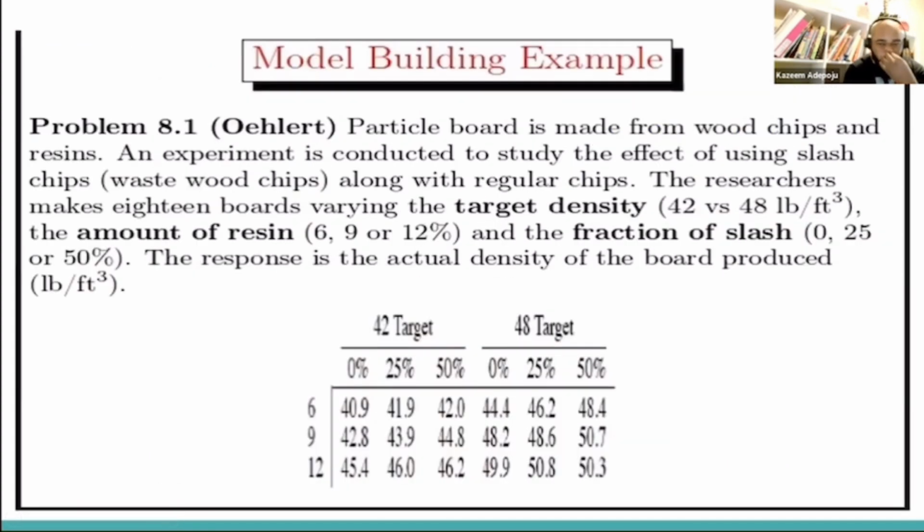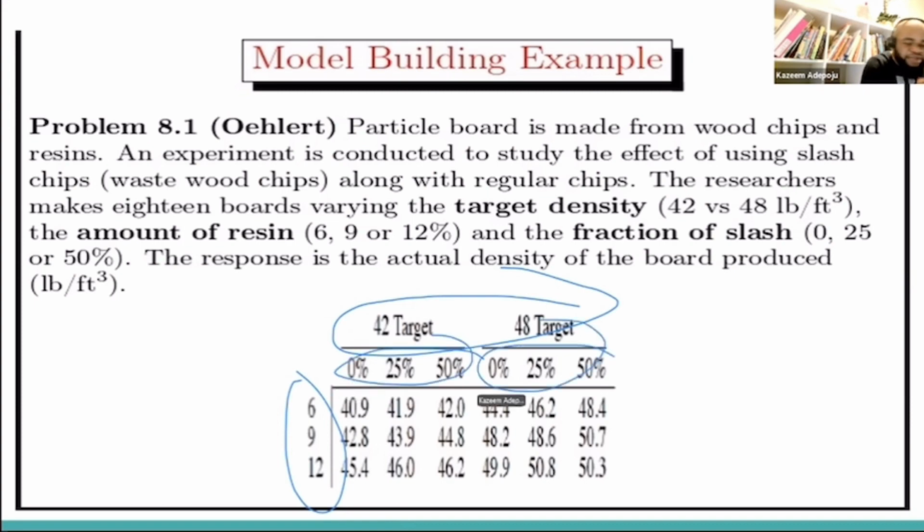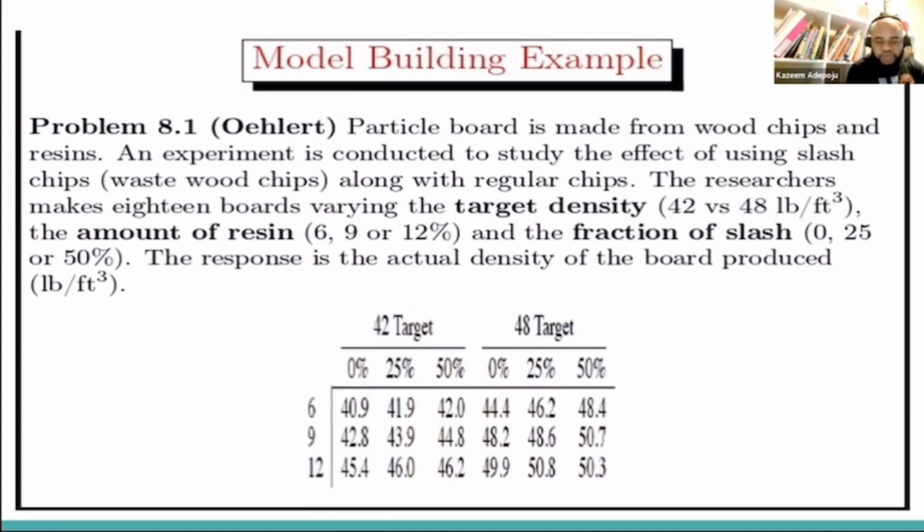Okay, now I'm going to walk you through an example. We call that model building. As you can see in this example, we have 3 factors. This is one of the factors, this is another one, and each of the factors has its own levels.